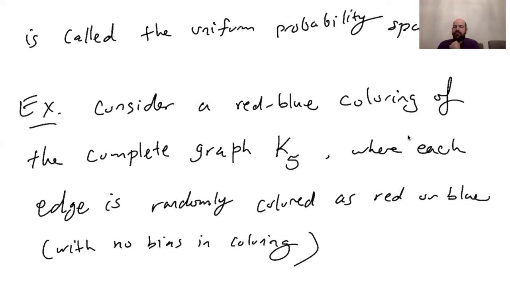Okay, so if it's unbiased, then we can use the model that we just said, if it's discrete and unbiased. Here it's discrete, you have finitely many edges in K5, and you want to color each of them randomly, blue or red.